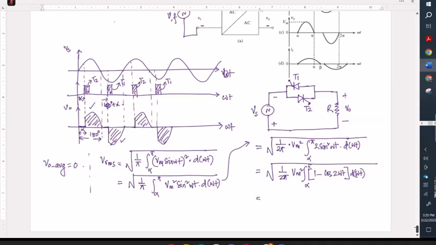So now if I do the integration, 1 over 2 pi multiplied by Vm square, and if you integrate 1 with d omega t, it should be omega t minus half sine 2 omega t, and the limit should be alpha to pi.